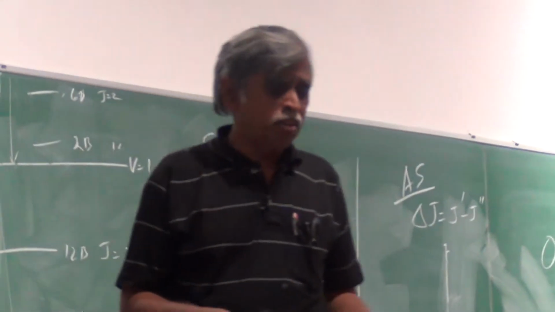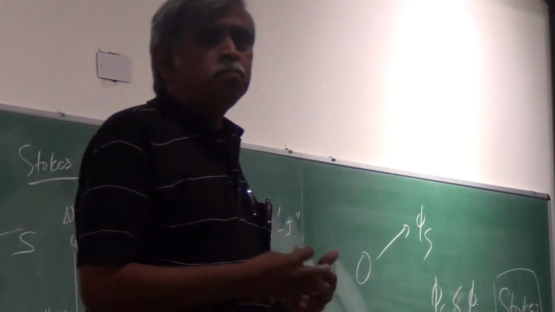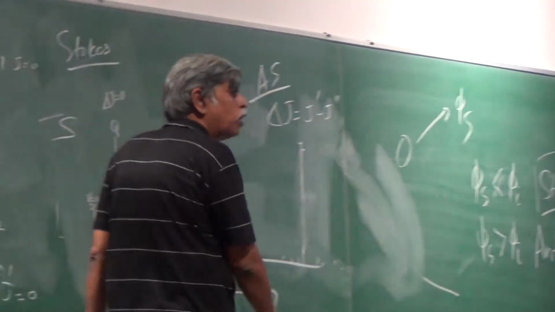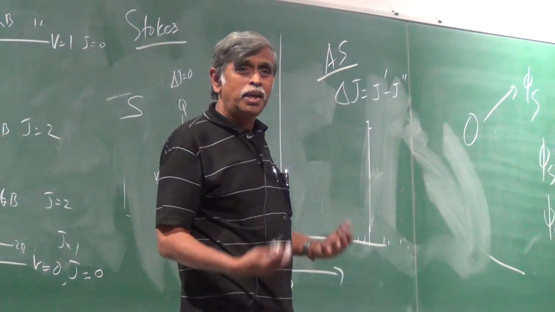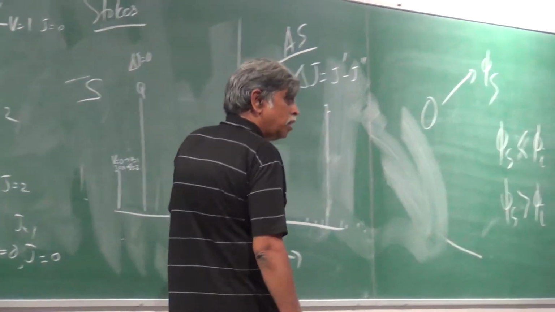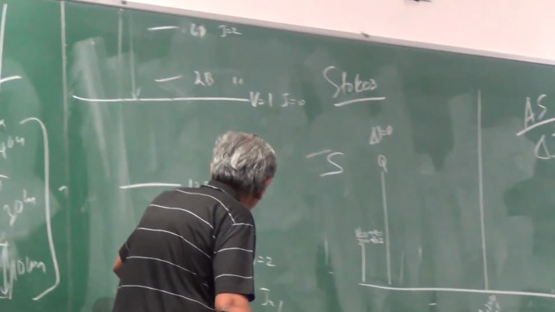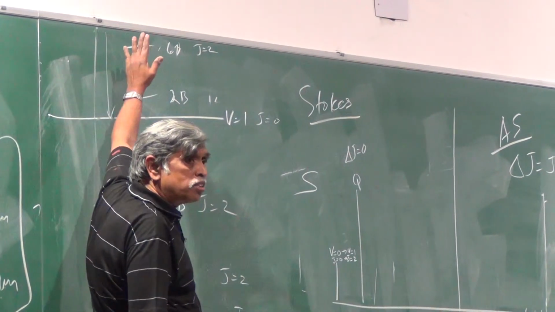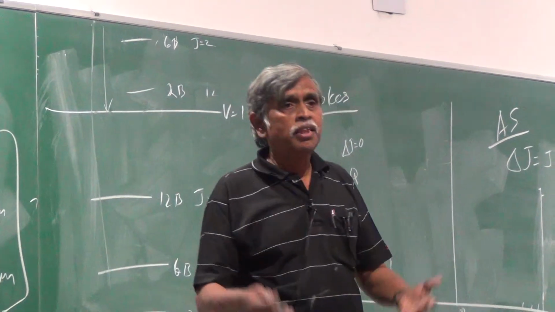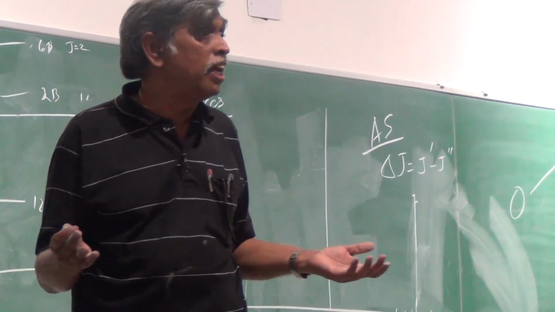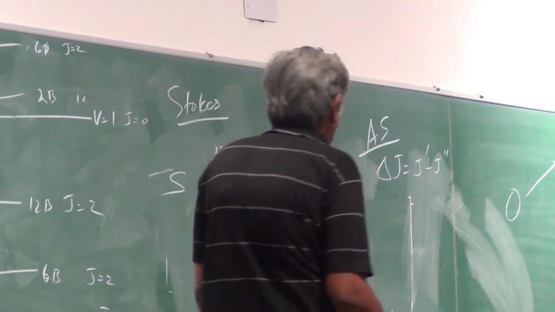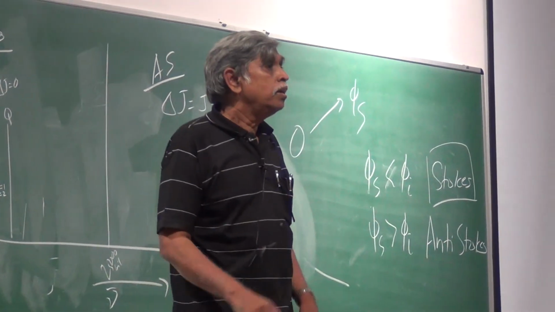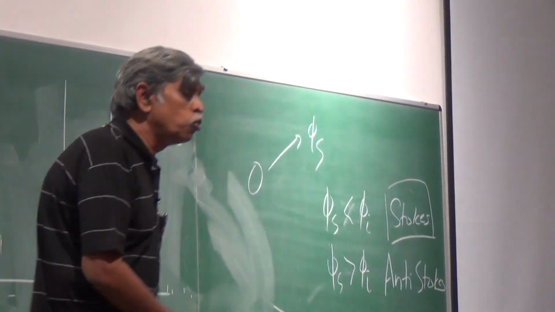I tried to build up the story in as nice a way as I possibly could, but the only way you're going to really internalize it is if you take a system, calculate all these energy levels for the lower state, calculate all the energy levels for the V equal to 1 state, assume 25,000 wave numbers or 30,000 wave numbers or whatever it is for the incident radiation, and calculate for yourself where each of these lines will show up, plot it for yourself, and then keep staring. That is when you would really internalize what goes on in the Raman spectrum.